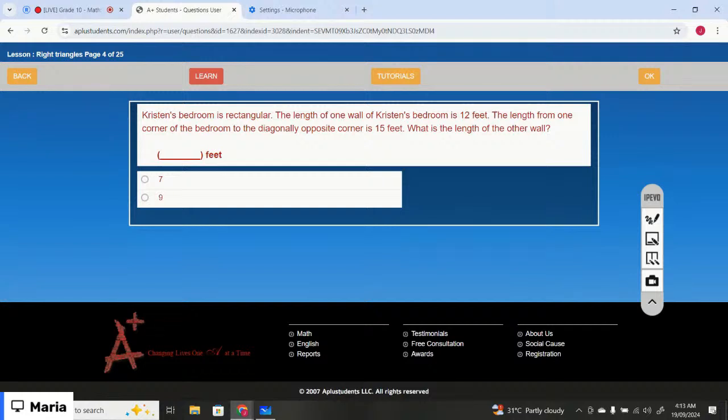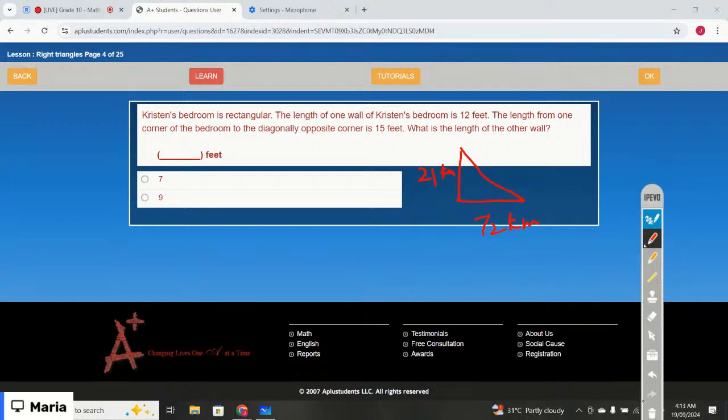So here is the corner. The distance to the diagonally opposite corner is 15 feet. You need to find this missing length, that is B, right?